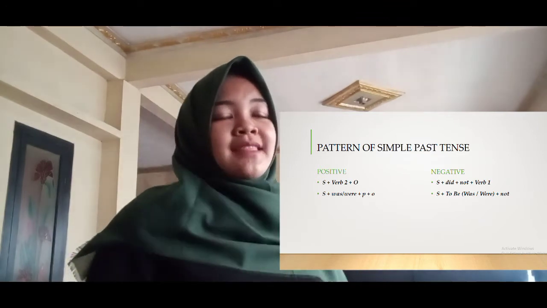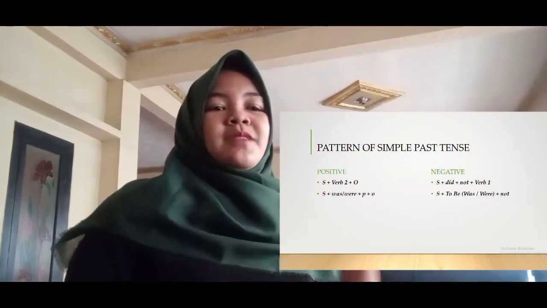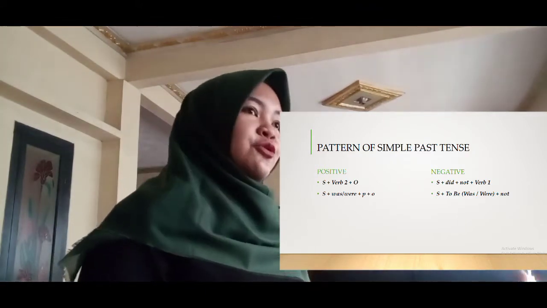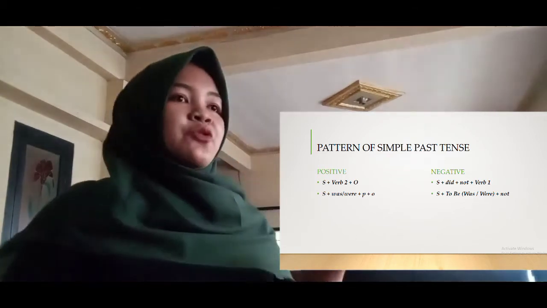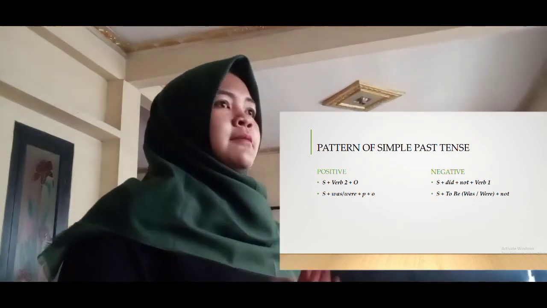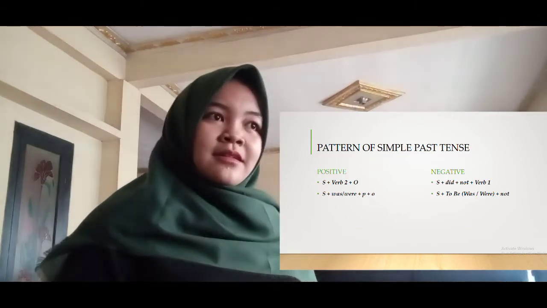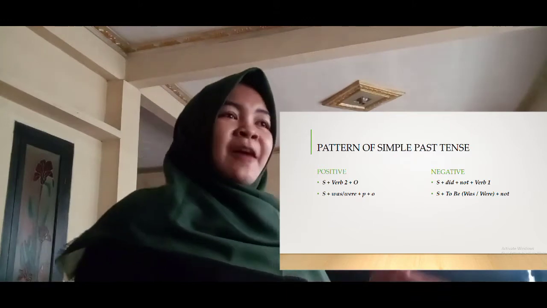Itu menggunakan kata kerja kedua. Went itu kata kerja kedua dari go, betul, good. Jadi kita menggunakan kata kerja kedua ya untuk simple past tense ini. Kemudian yang menggunakan was atau were ini apa ya, contohnya ada yang memberi contoh. I was good, I was happy.